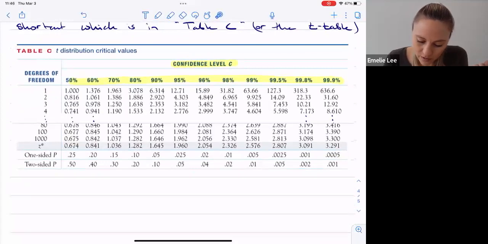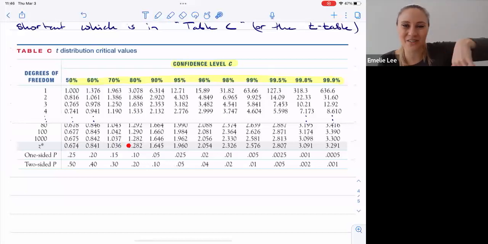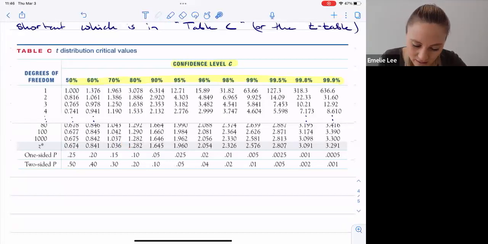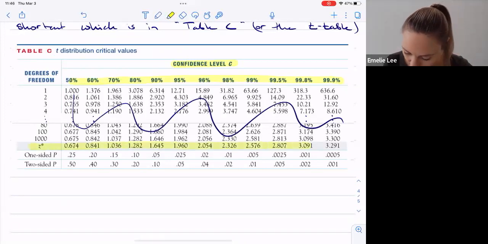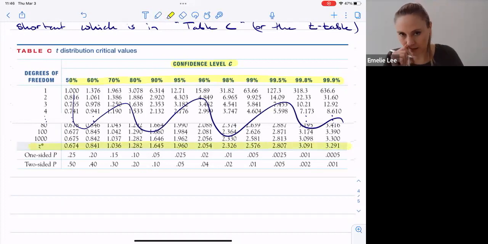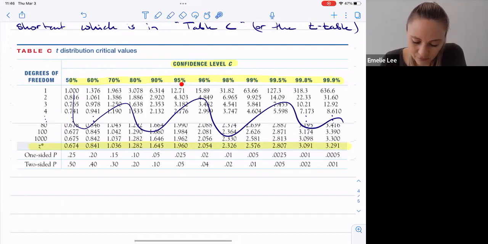And so we've got these confidence levels. And then, like I said, we're going to skip down, just scroll through everything. In fact, I'm going to blur that out and just focus on the Z star line. Okay. So here, if we go to 95%, it tells us that Z star is 1.96.